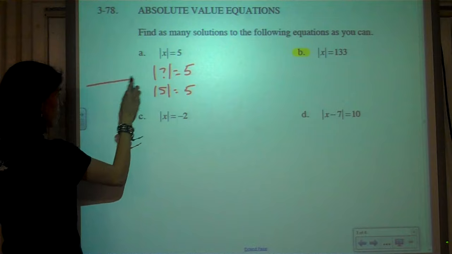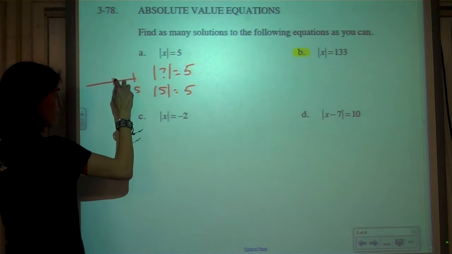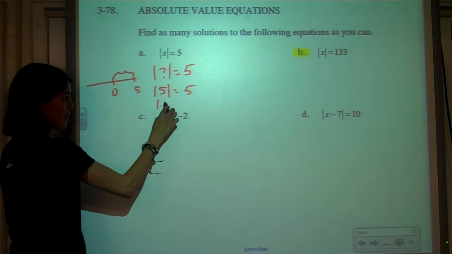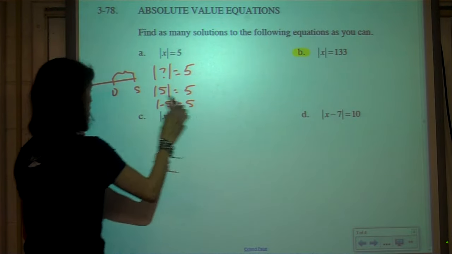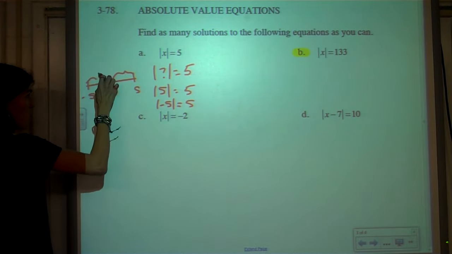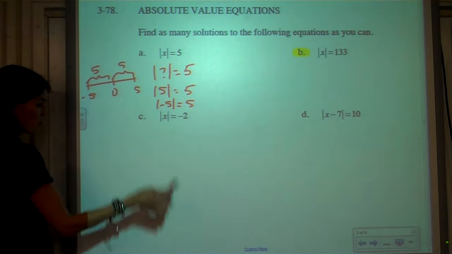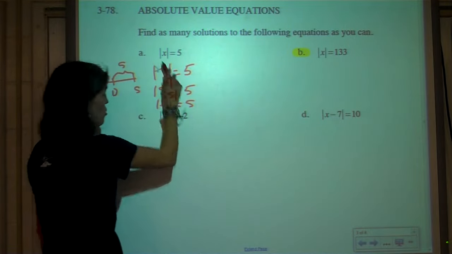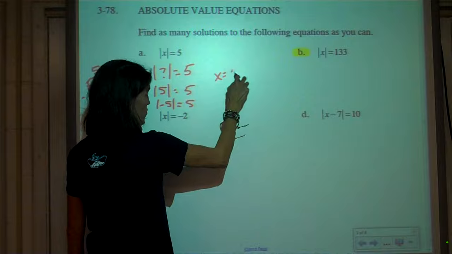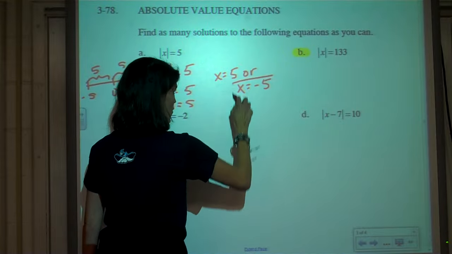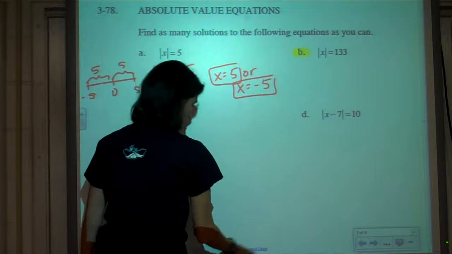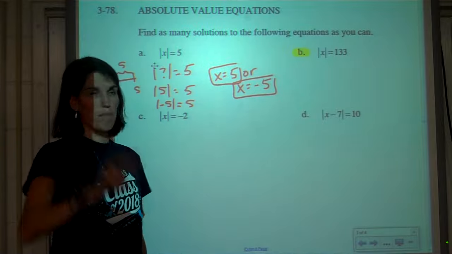Because 5 is 5 units away on a number line. But isn't the absolute value of -5 also 5? Because -5 is also 5 units away. So x can be 5, or x can be -5. This one actually has 2 values for x that make the equation true.